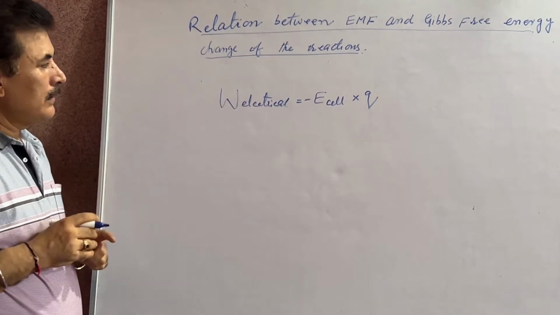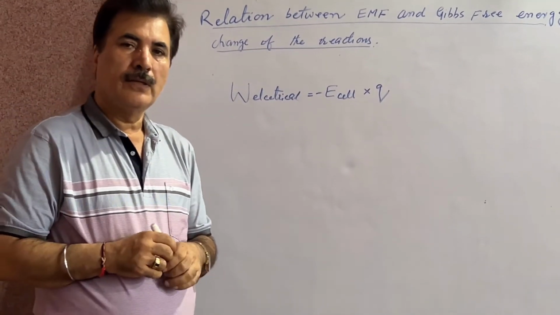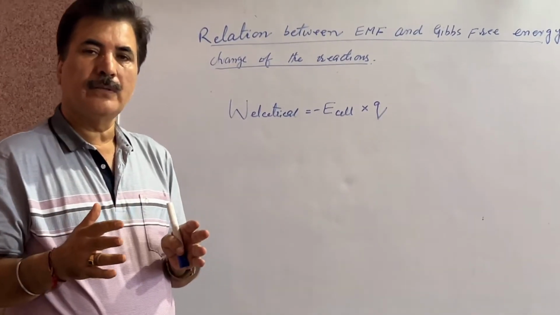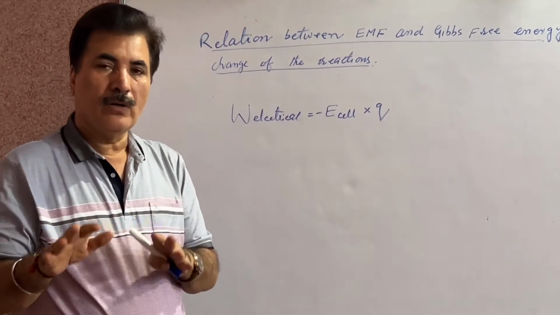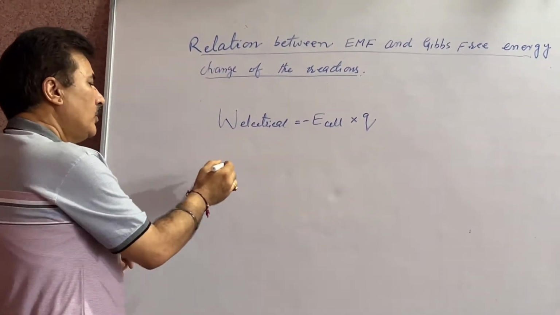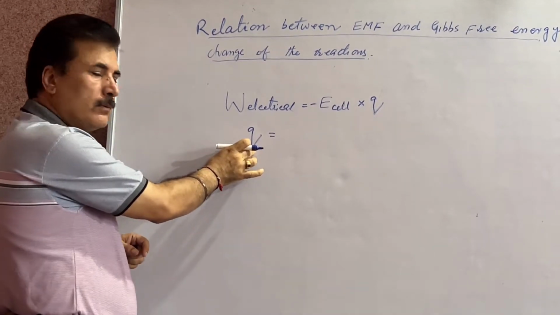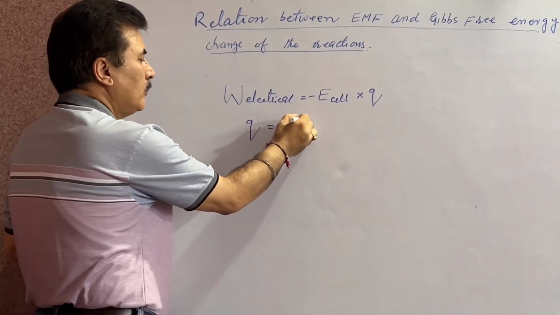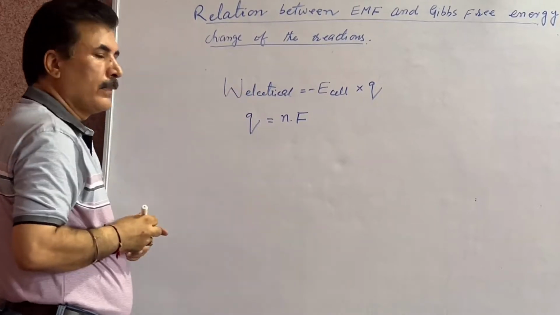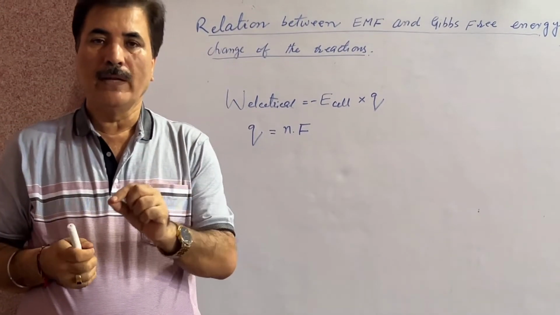If n is the number of moles of electrons transferred in the redox reaction, then Q, that's total charge, is equal to n·F, where F is the charge on 1 mole of electrons.